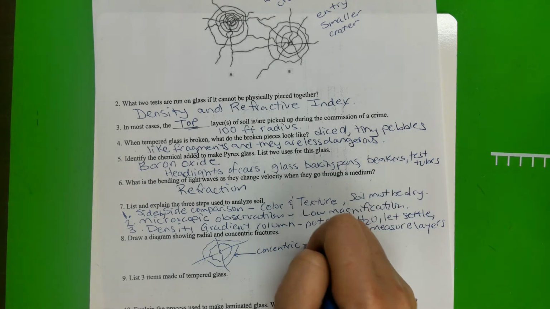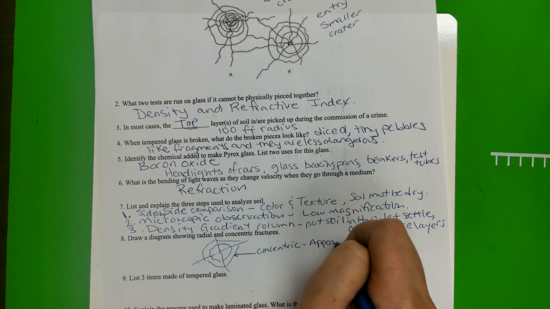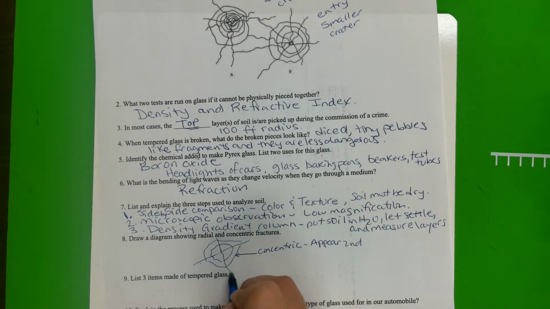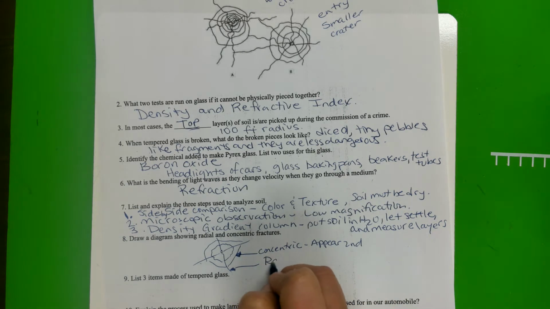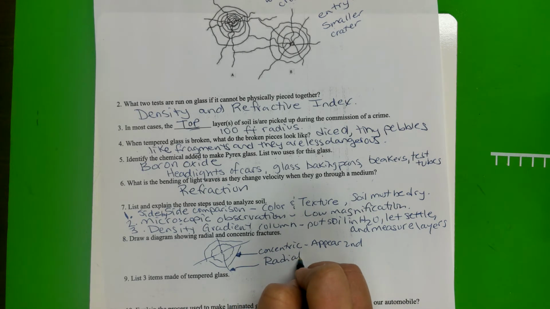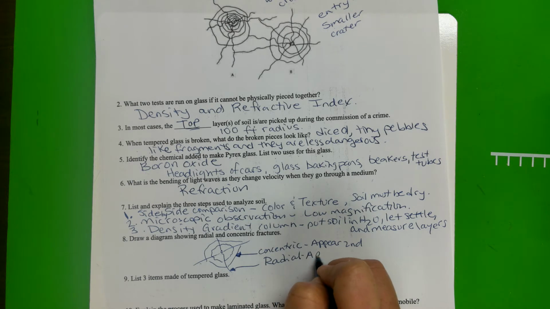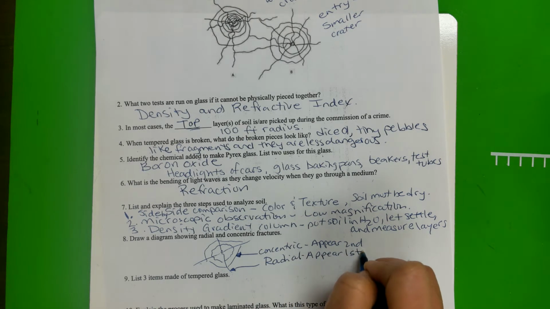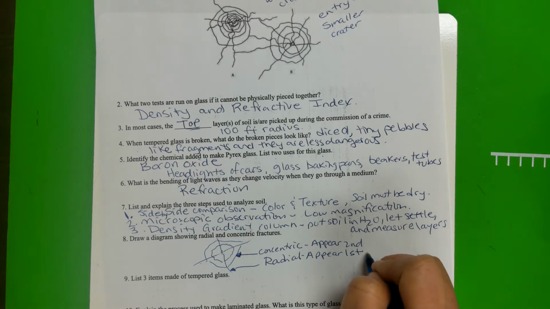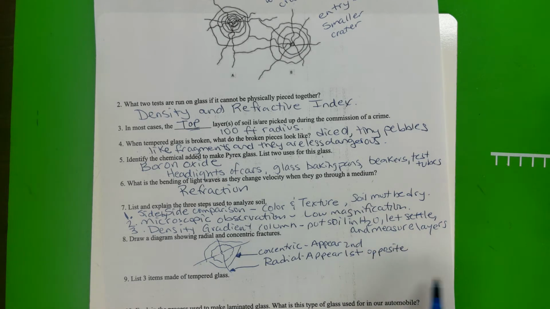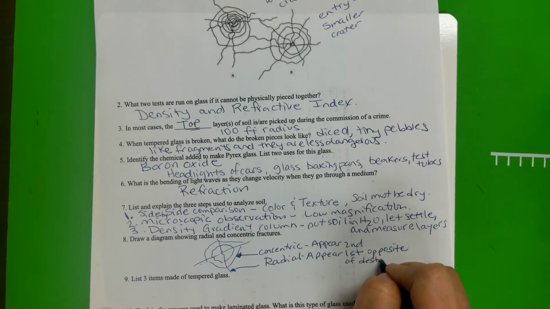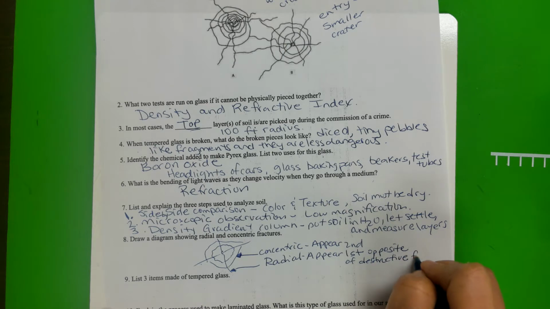These appear second. And the radials are like the spider webs. These are radial, and these appear first, opposite. They're always opposite of the destructive force.